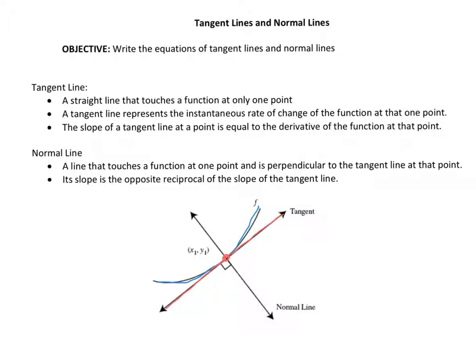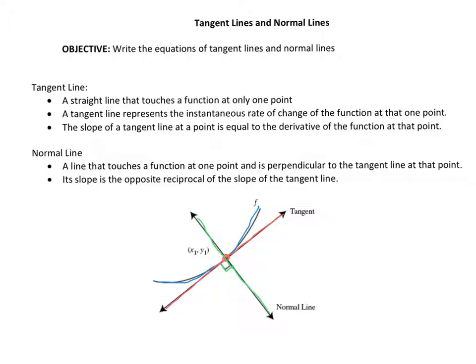So this line, which I'm making green, is perpendicular to that red tangent line. So that's what a normal line is. So a normal line also touches a curve at exactly one point, but it's, again, perpendicular to that tangent line.